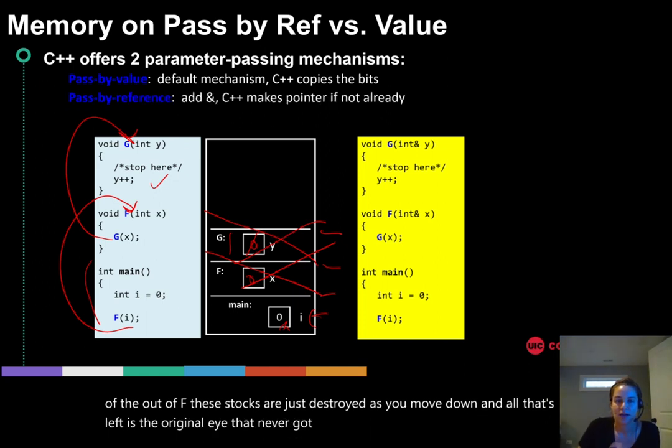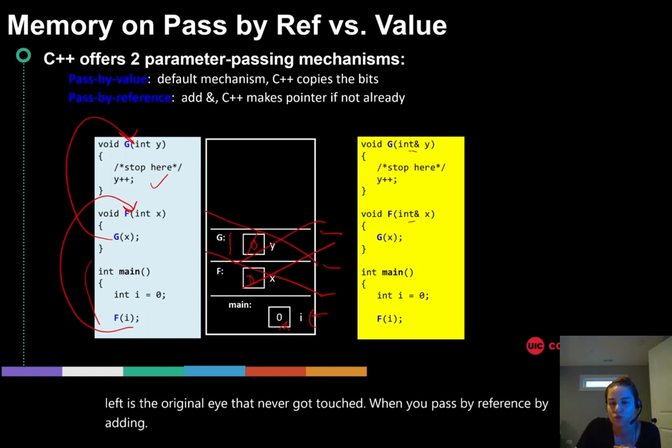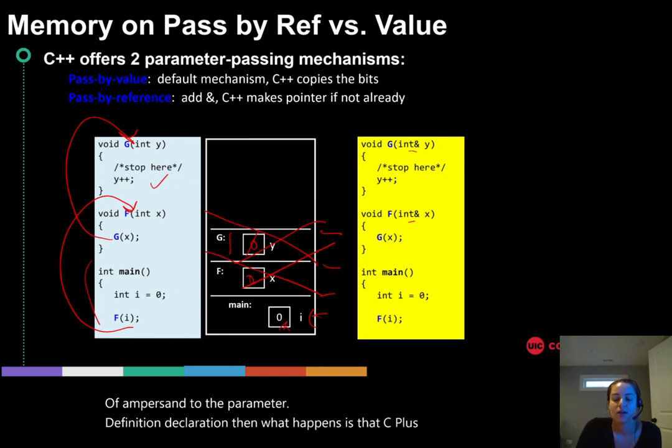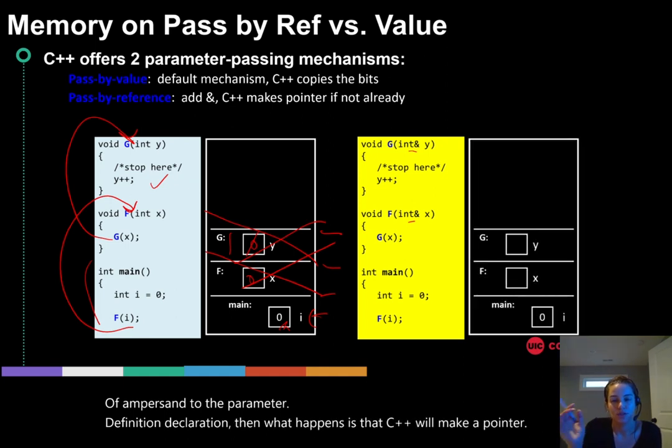When you pass by reference, by adding the ampersand to the parameter declaration, then what happens is that C++ will make a pointer and point to the original object.